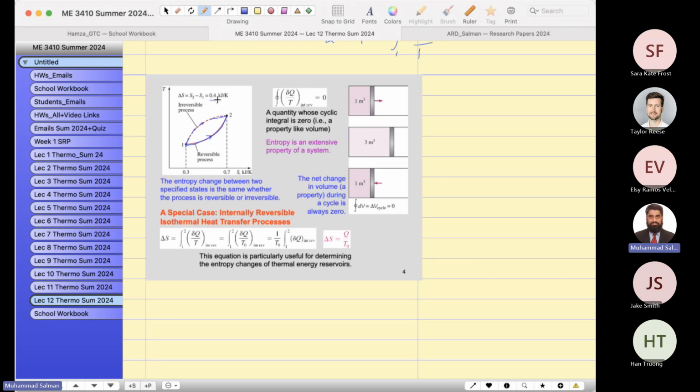Look, irrespective of irreversible or reversible process, you have the change is zero point 0.4, but for internal reversible process, you have zero energy. The quantity whose cyclic integral is zero is a property like volume. Entropy is an extensive property.